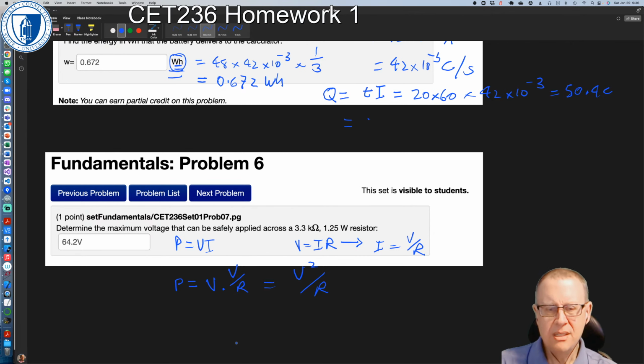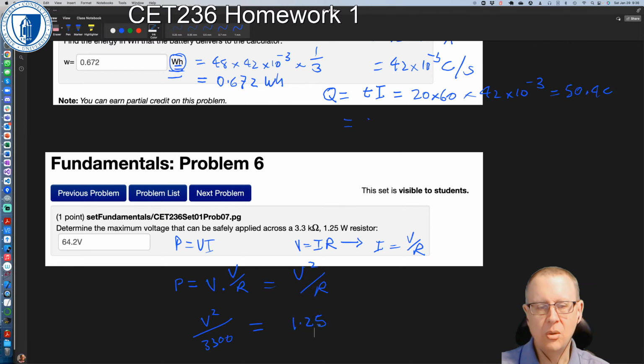And that means we now have V squared on 3300. Remember, kilo is by 10 to the 3, so 3.3 by 10 to the 3 is 3300 ohms. And that equals 1.25 watts, because we're given the number in watts.